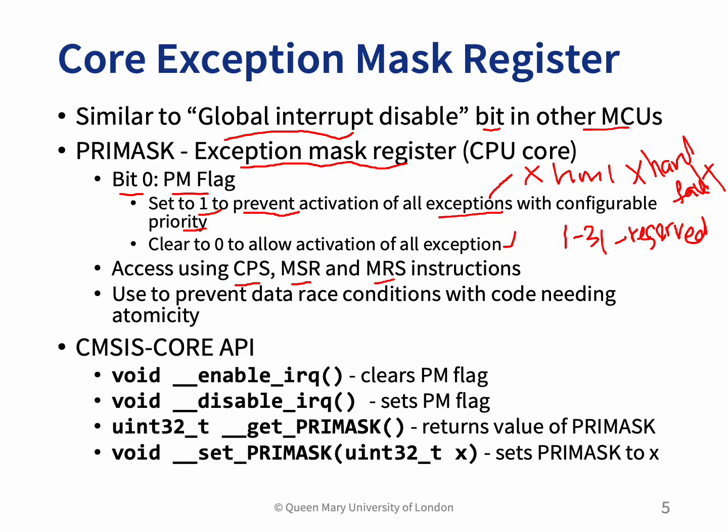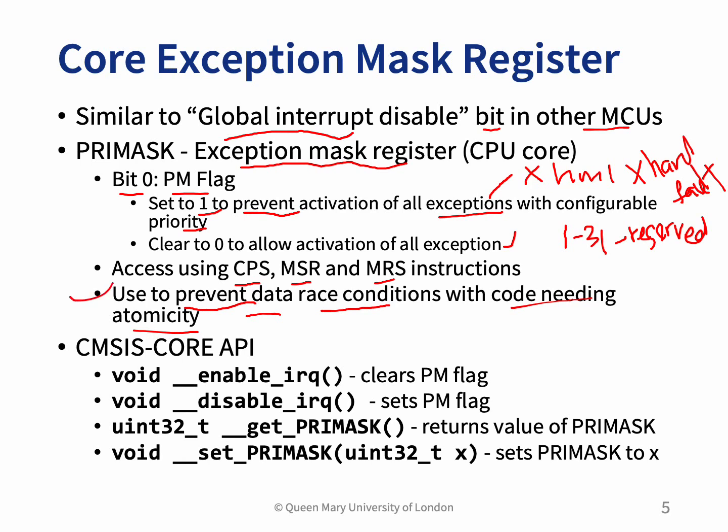Then we have MSR, which moves to special register from general purpose register. And finally, the other way around, MRS moves from special register to general purpose register, right? The most important goal of the PRIMASK is to prevent race conditions on data with code needing atomicity, right? That's very important.